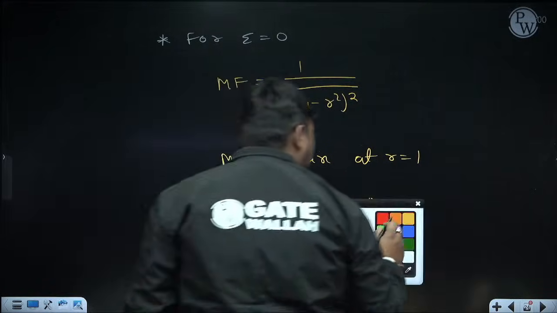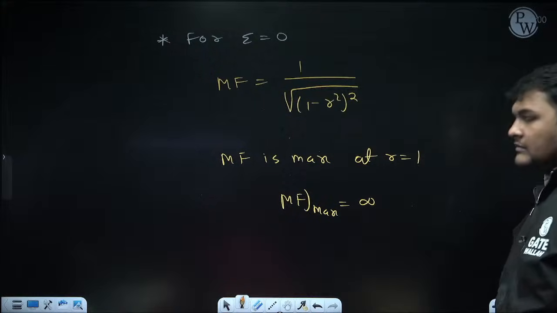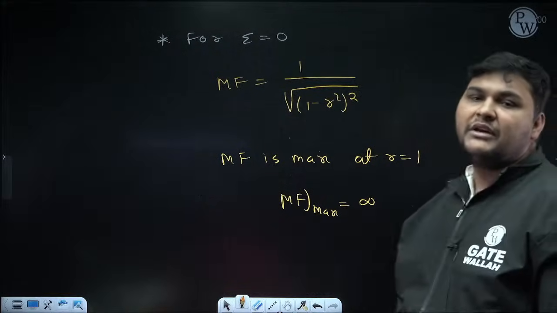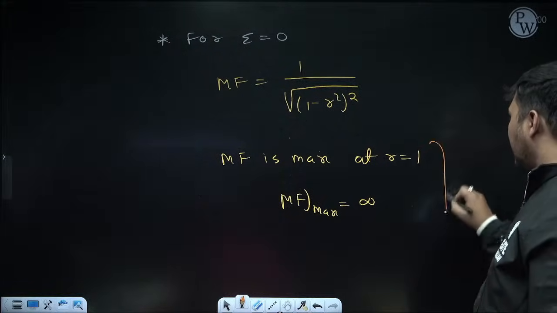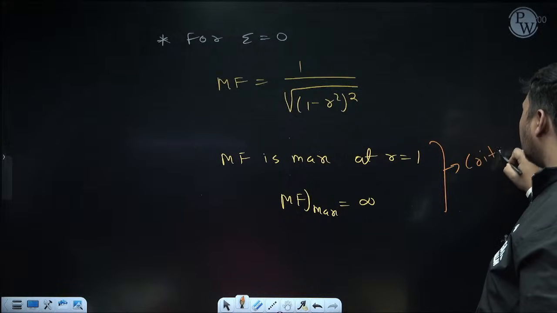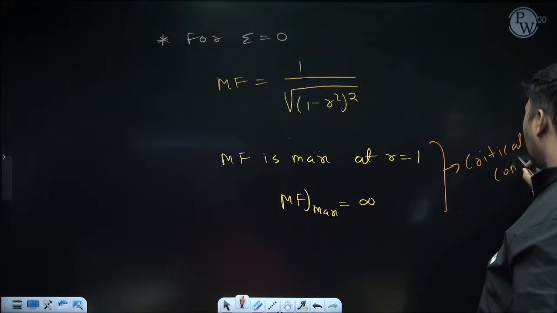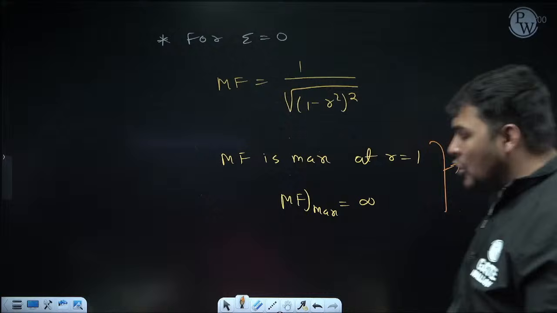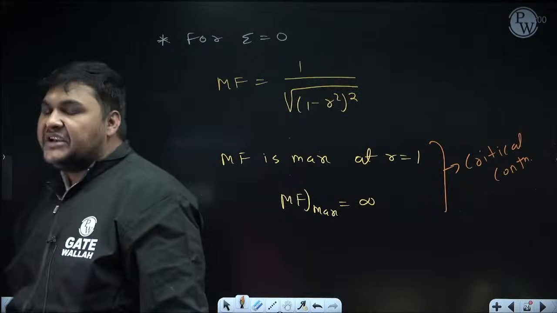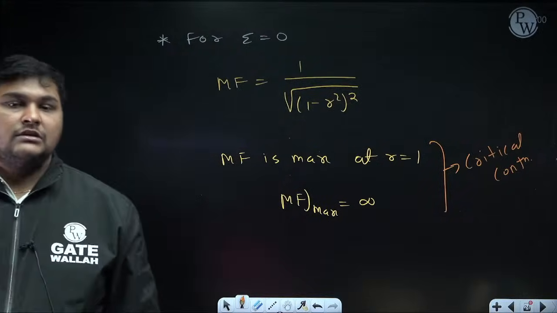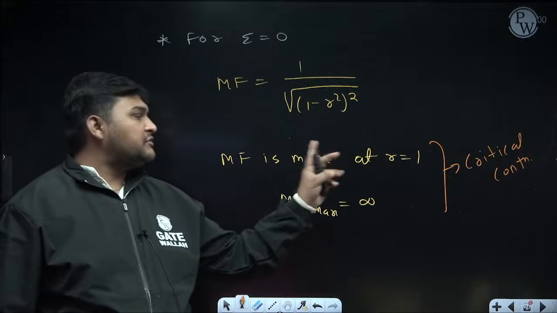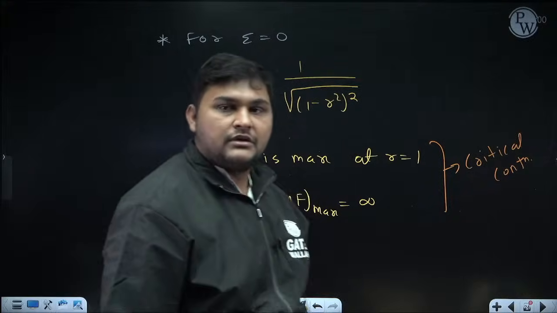So can I say it is the worst condition? Because MF is infinite, the system will collapse. So it is the critical condition. If the examiner asks, for no damping, the critical condition is resonance, or MF will be maximum at resonance, because r equal to 1 is resonance.